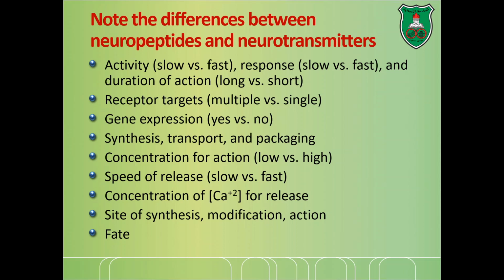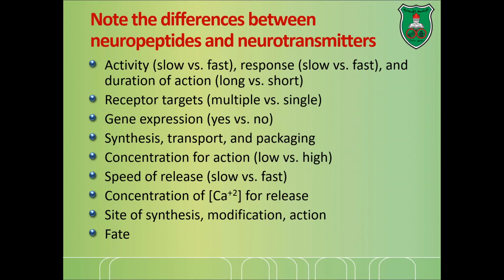The duration of action is long for neuropeptides but short for small molecule neurotransmitters. There are different receptor targets for neuropeptides, but specific unique receptor targets for small molecule neurotransmitters. Neuropeptides can affect gene expression, but not small molecule neurotransmitters.